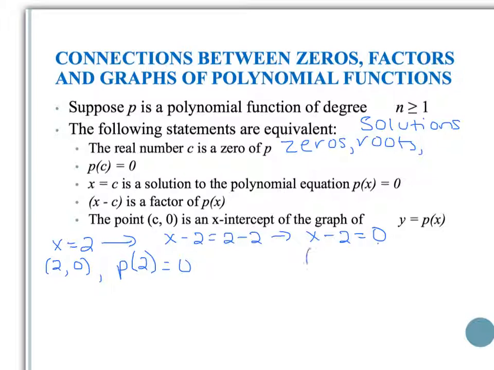And this x minus 2 would be a factor of the original polynomial. And so hopefully this helps you see the relationship between our zeros, our x-intercepts, the remainder theorem, the solutions, all the things that we've been discussing today.